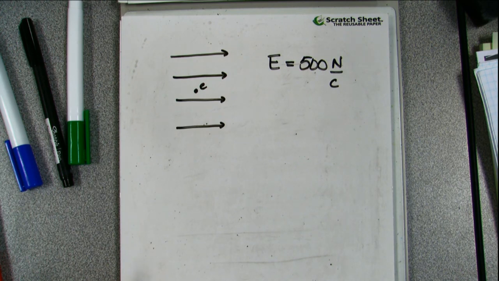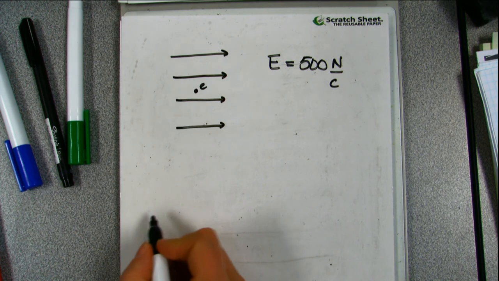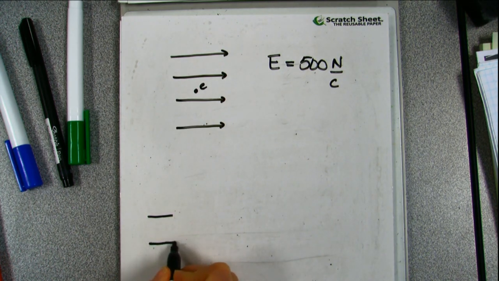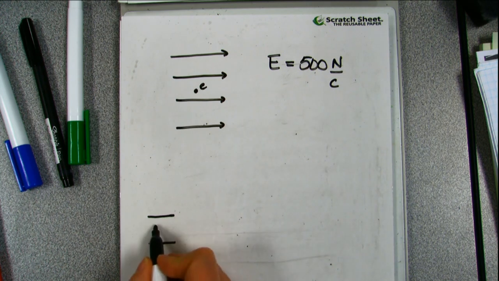Does anybody remember cathode ray tube televisions? Tube televisions instead of flat screens. Okay. If you actually looked at a tube television, here's the little tube part. Inside the tube, there was a little flat plate.